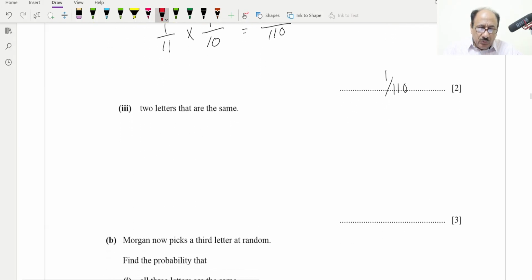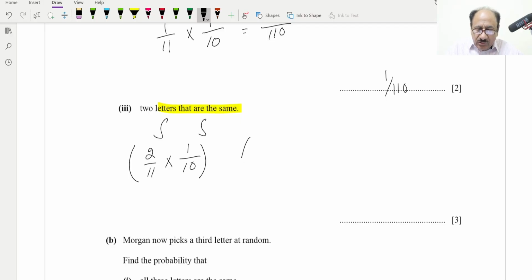If it is, for example, S, we have two S's. If it is SS, what will be the probability? It will be 2 over 11, because initially there are 2 S's, so it will be 2 by 11. For the next S, one will be lesser and the total will also be one lesser.